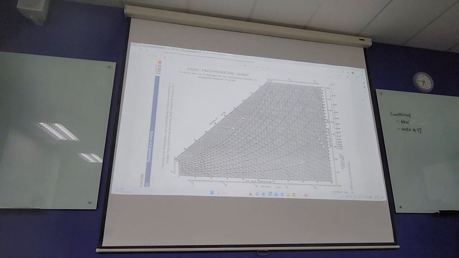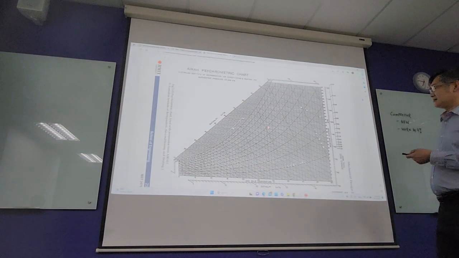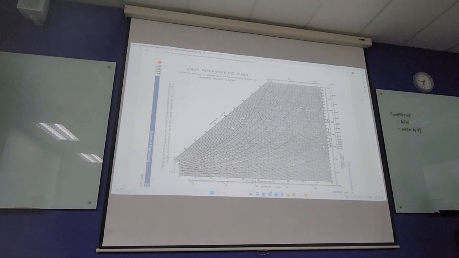So what we are looking at here is the chart. Now, if you go to your weather page, what is the temperature right now? It is 30 degrees Celsius. If you scroll down, you will see the relative humidity, 78%. So how do we interpret 78%?